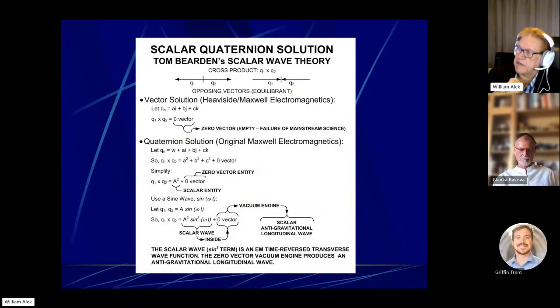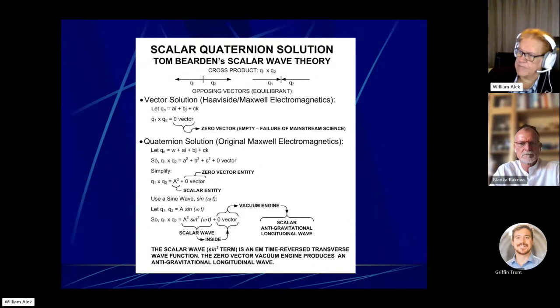Now this is the mathematics that Tom spoke about. You'll find this in some of his slides where he details the main issue here, the failure of mainstream science. This was brought about by Oliver Heaviside, who took the original Maxwell equations, which I believe were about 20 equations written in a quaternion form.